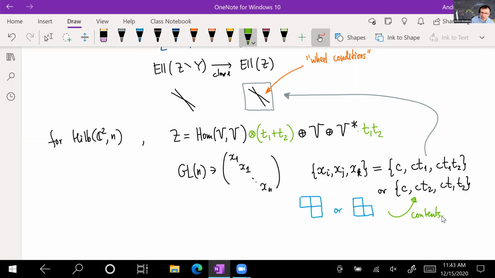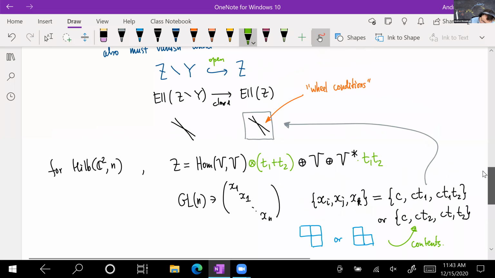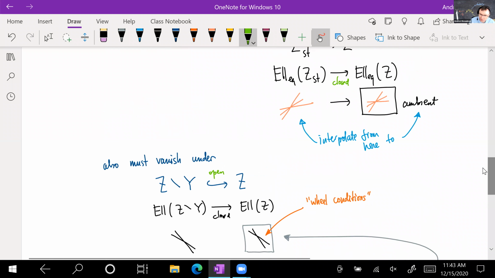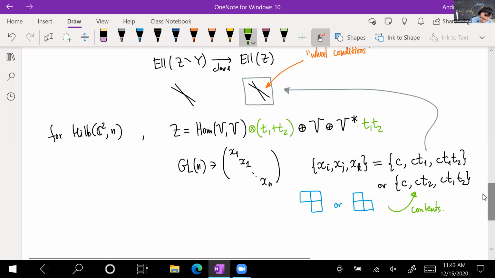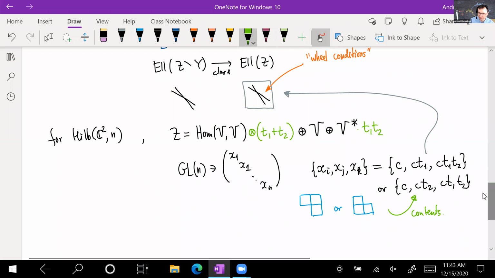So in other words, not only do you have to interpolate some values, you have to solve 2 problems. You have to interpolate something interesting from the set you care about, and also you have to continue to vanish where you're supposed to vanish. You see in the literature these wheel conditions.